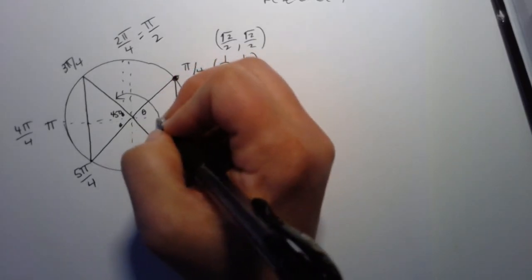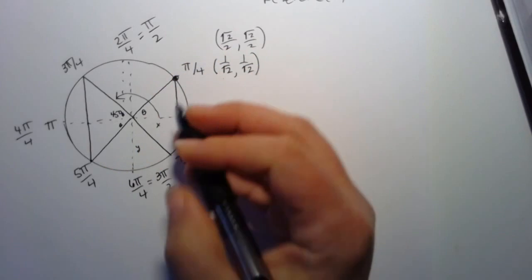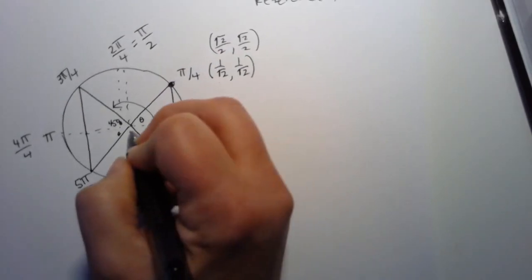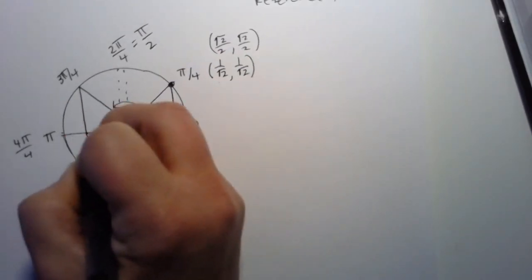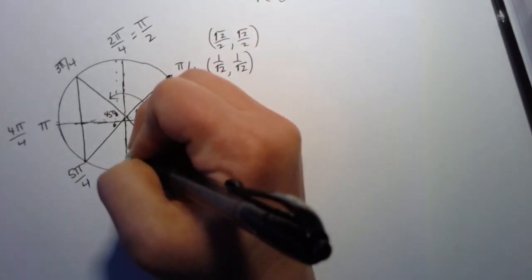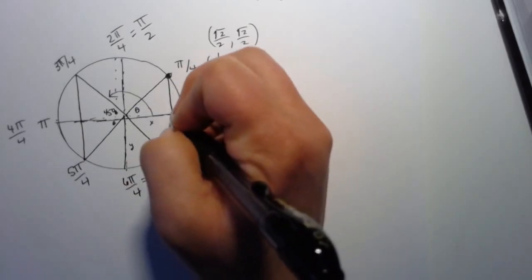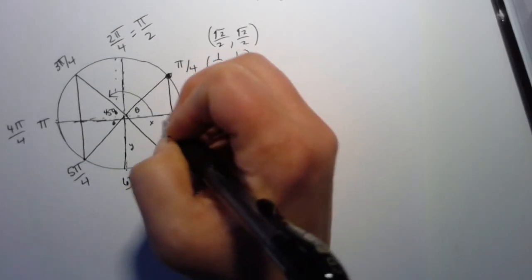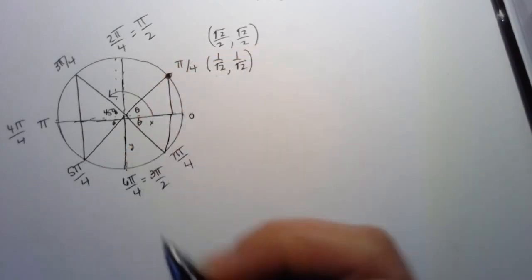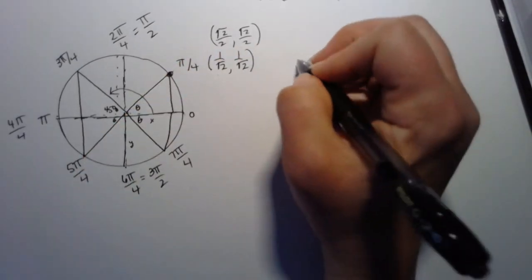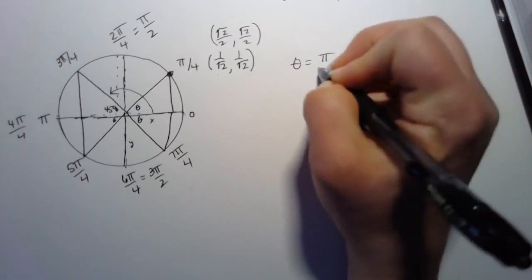So I have 4 different places that have 45 degrees between essentially the x-axis and the triangle. Let me draw that in hard. So I have essentially this one here. Oh, that was a terrible one, I'm sorry. There's theta, there's theta. So my theta in all of these is equal to pi over 4.